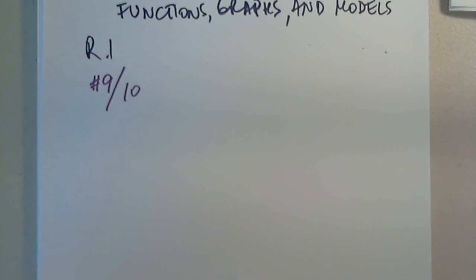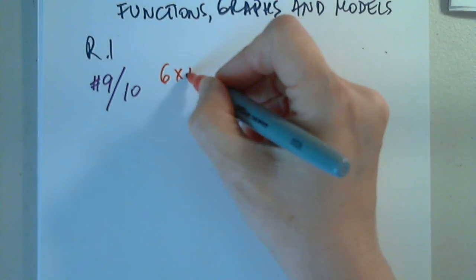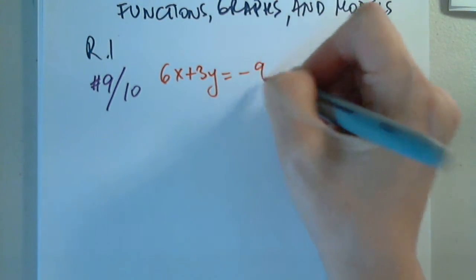Okay, so back now. Problem 9 on page 10 is asking us to graph the following equation, 6x plus 3y equals negative 9.